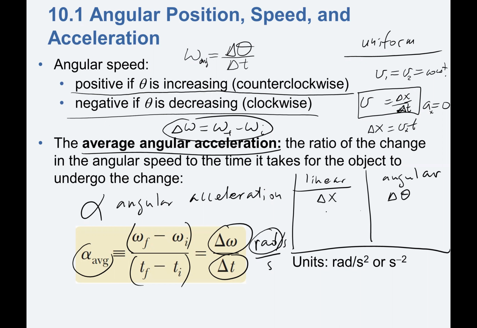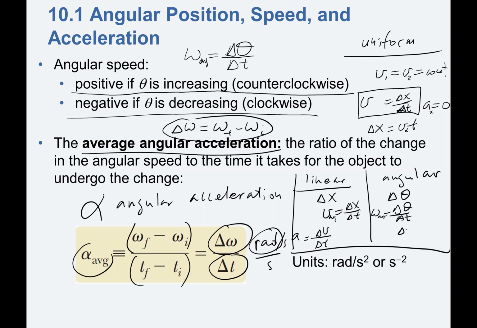For the linear, we had speed or velocity given with a v, which was delta x over delta t. For the angular, well, it's average, right? If you take delta theta and divide by delta t, then this is average omega. Well, then if there was a change in velocity over time, remember this was our linear acceleration.